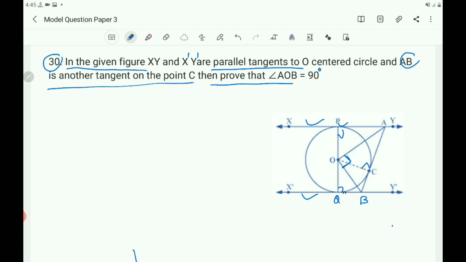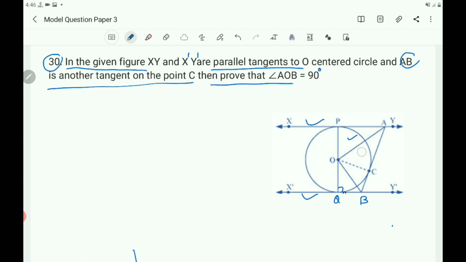Now here you take, this is 90 degree, and you know that AC and AP are the tangents from the external point. They must be equal. And if you take these two triangles, this triangle and this triangle, they are the congruent triangles.